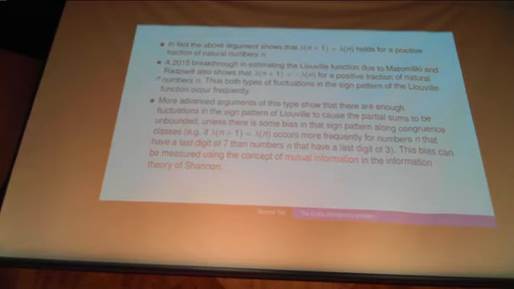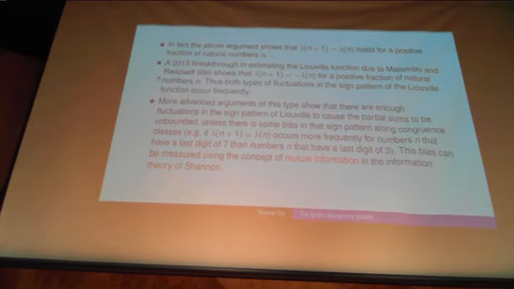It turns out that there are more complicated arguments, like really expert level Sudoku puzzles in some sense, and you need these sorts of results to show unbounded sums. If the partial sums of the Liouville function stayed bounded, you could run an argument like this, and you could eventually show that this would lead to some very strong irregularities, some very strong biases or non-random behavior in the Liouville function.